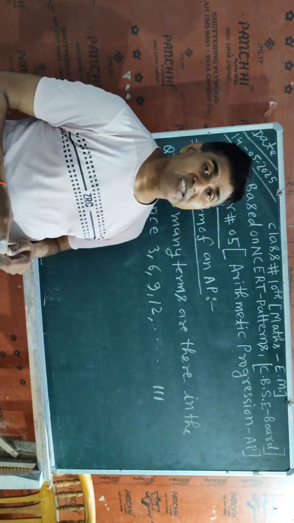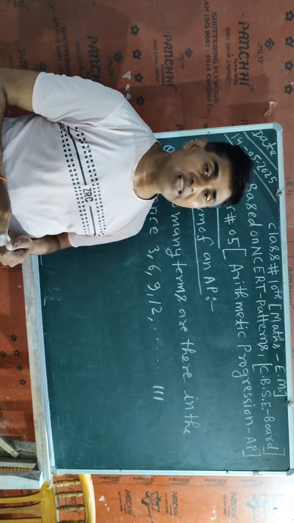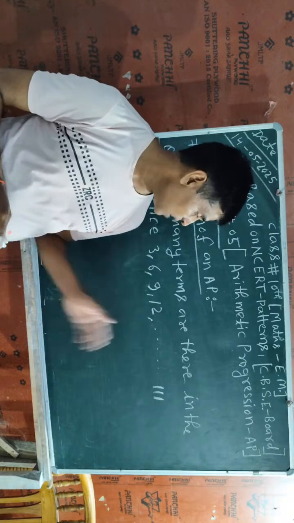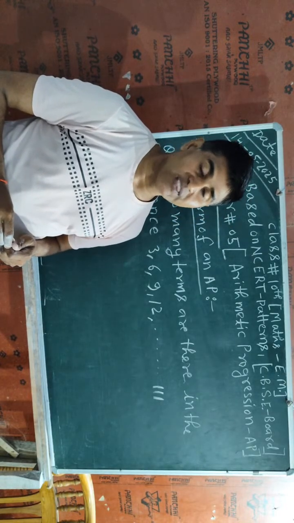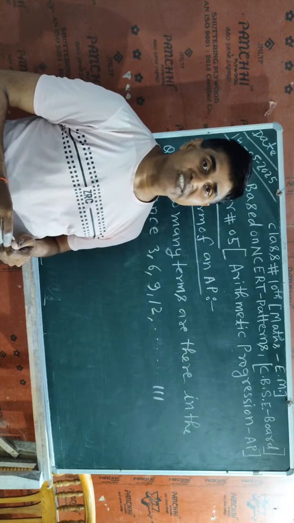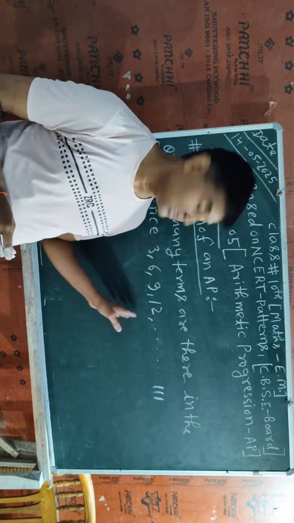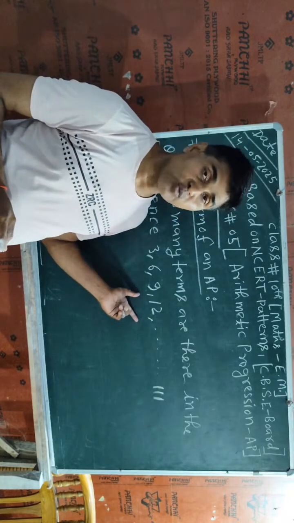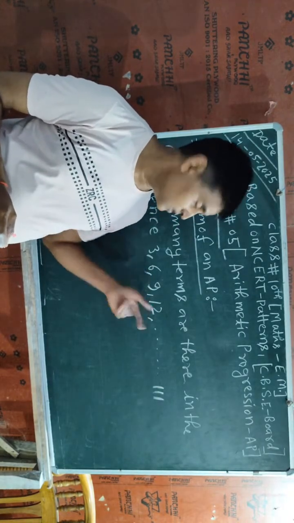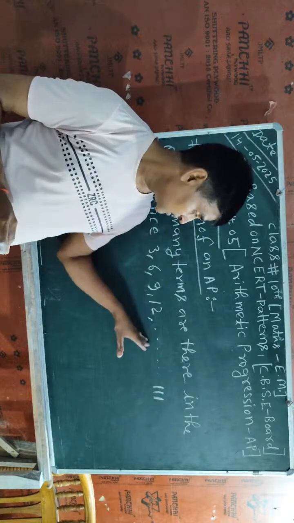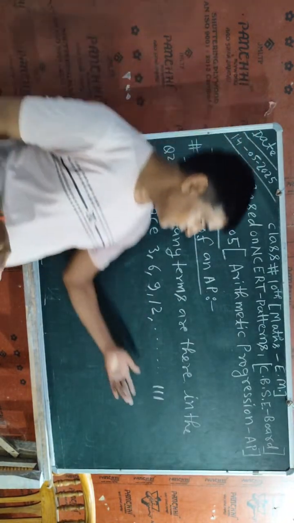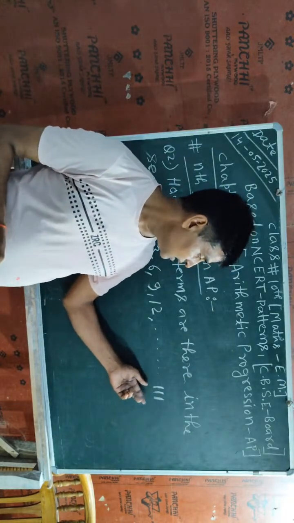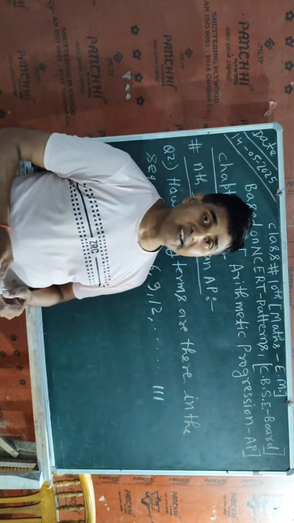That sequence is in AP right now. If the sequence is an AP, I will use the formula for the nth term available in AP, that is an is equal to a plus n minus 1 into d. So this formula I will use in the given sequence. In the given sequence the last term is given here, that is 111.